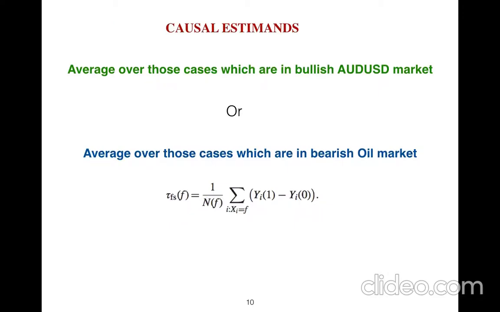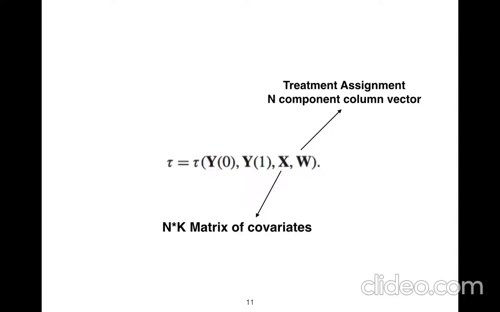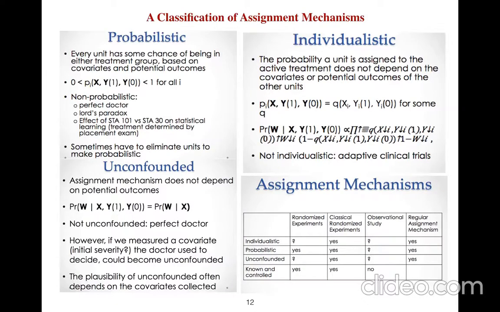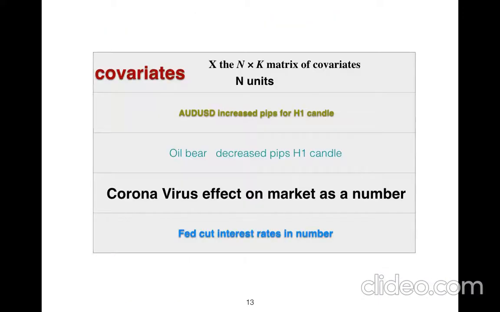We define causal estimates, and X is covariates. For example, age. It's a pre-treatment variable. W is treatment assignment. For example, what kind of treatment you decide to choose. As I said, we have different methods for assignment.